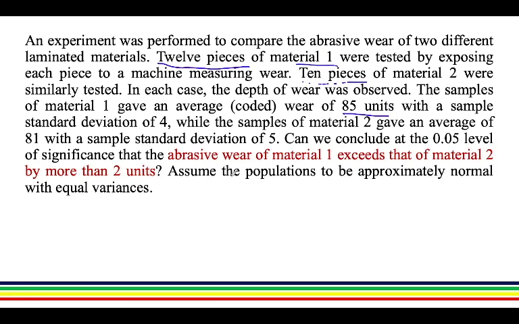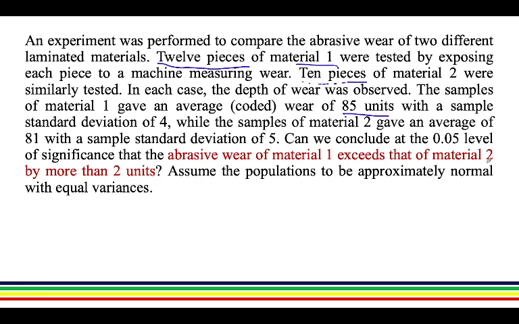If the samples are less than 30, then it is ideal to use the t-test. In this case, we have a total of 12 and 10 pieces, so that is 22. That is why we will be using the t-test.